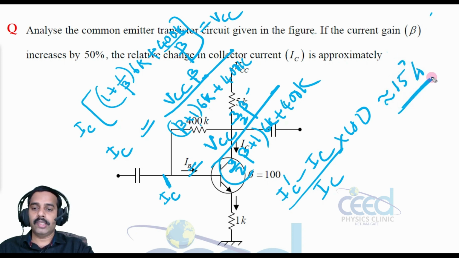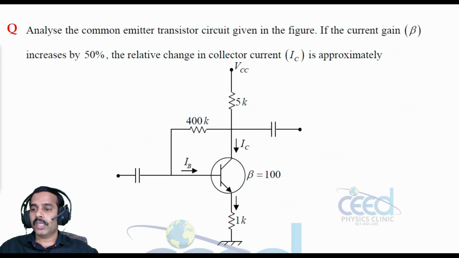So you may calculate it. It is a complicated calculation, but simple, because we need to form an equation for collector current, then increase the beta value and find the relative change in collector current. So the option is 15%.